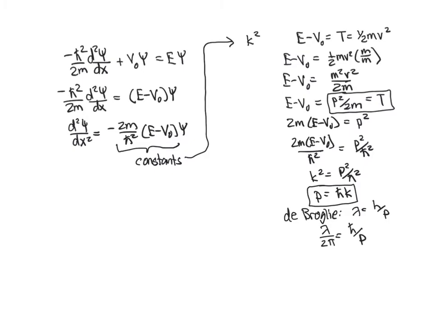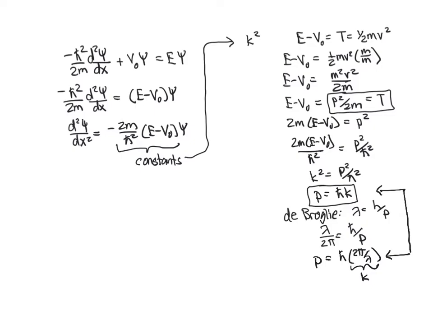So now if I solve for the momentum, I can see that the momentum is equal to h bar times 2 pi over lambda. And so 2 pi over lambda must be equal to k if I just make the association with my equation for the momentum in terms of k.